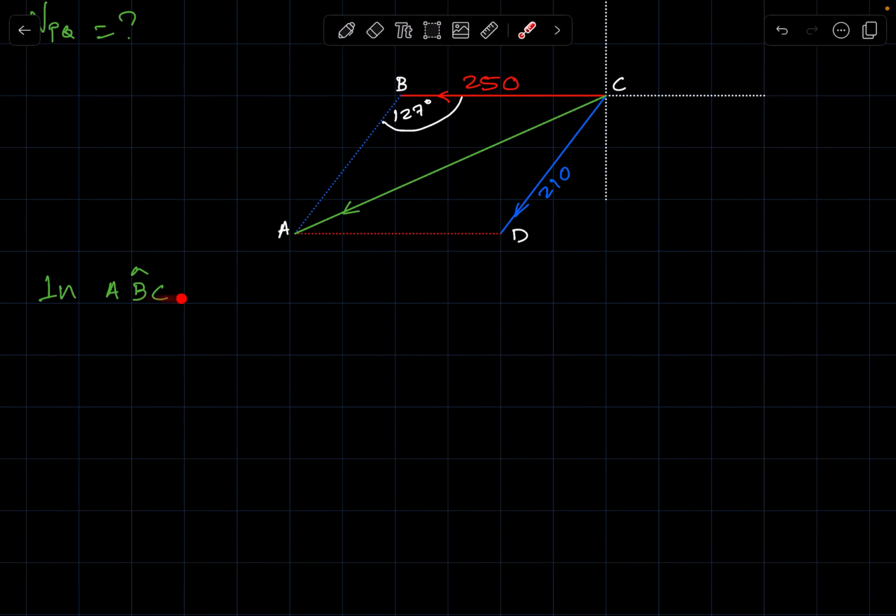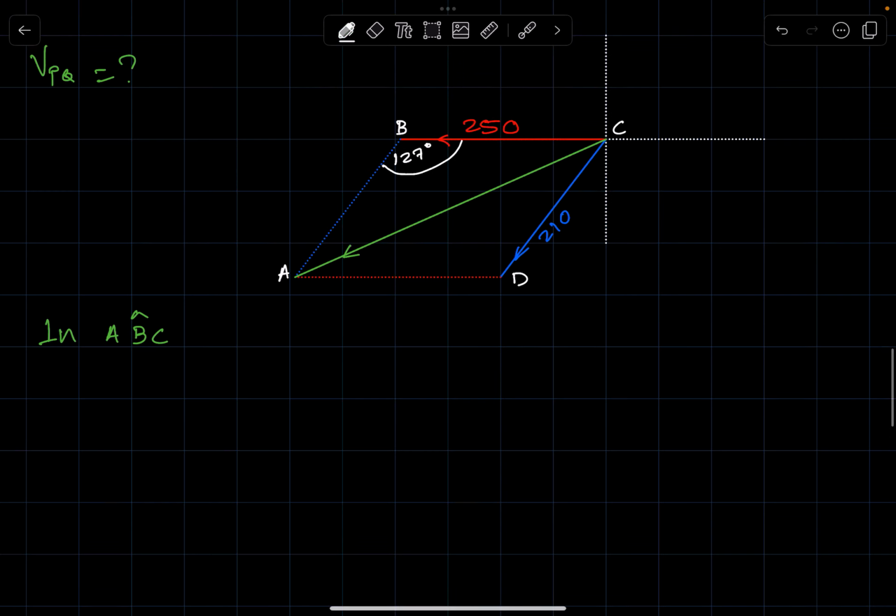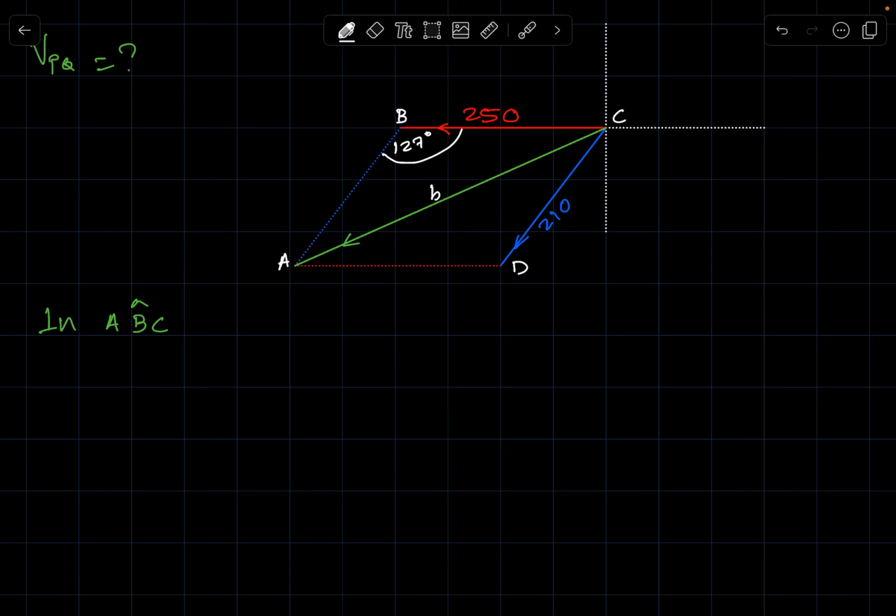In triangle ABC, we are going to be using the cosine rule. You give the sides names: opposite angle B, you have side B; opposite angle C, you have side C; opposite angle A, you have side A.